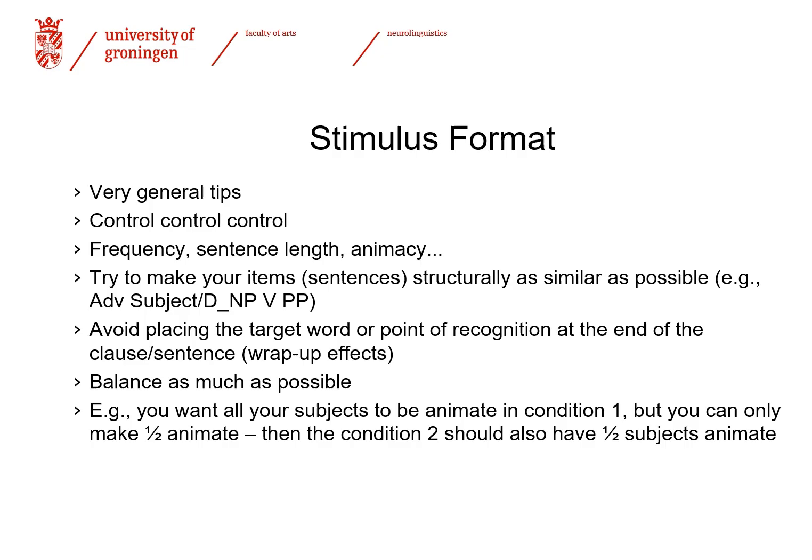On the other hand, if we were to talk about an N400 experiment, such as the original 1980 experiment, we would really have to take frequency into account. So if we have something like Mary spread the warm bread with butter, or Mary spread the warm bread with socks, we really want to make sure that butter and socks are of comparable frequency.